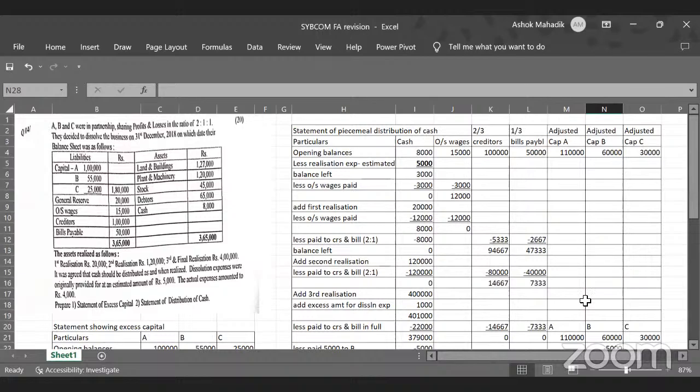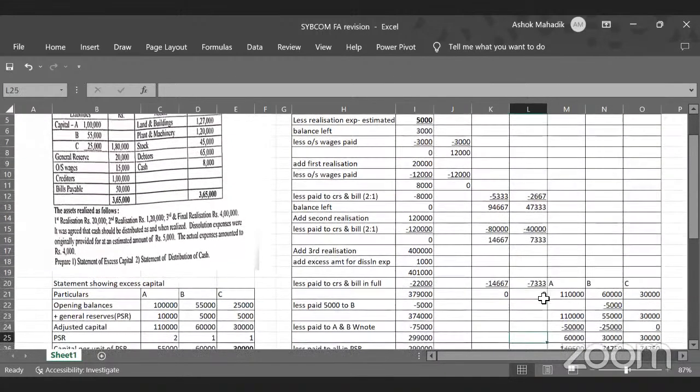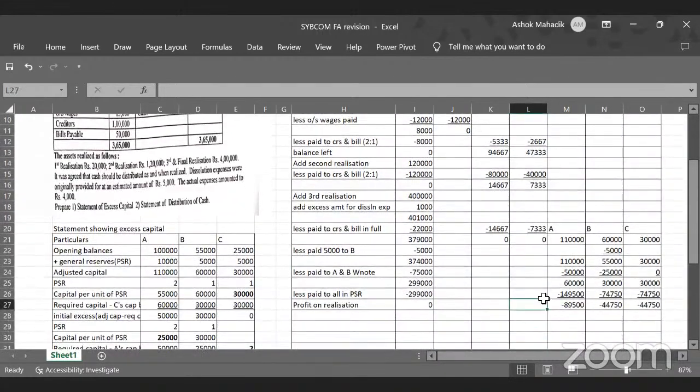That profit, that amount we are giving, is not negative. It is just indicating the difference.